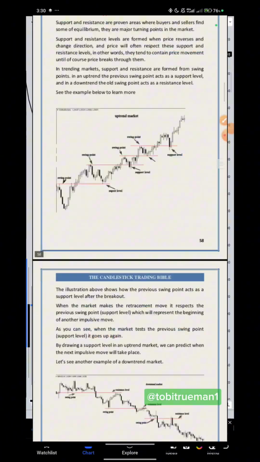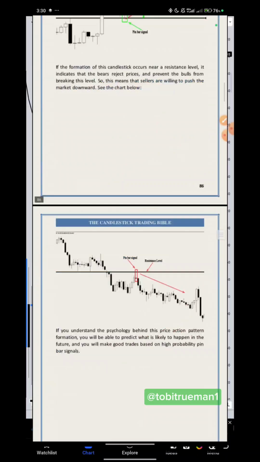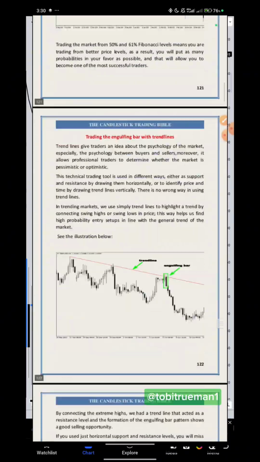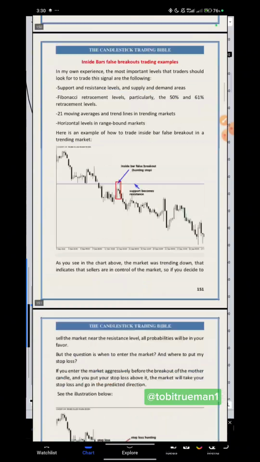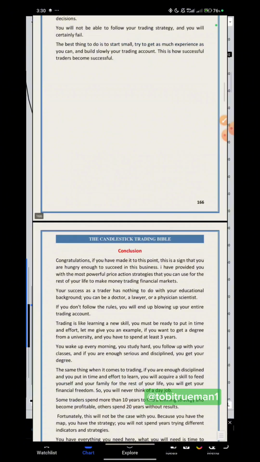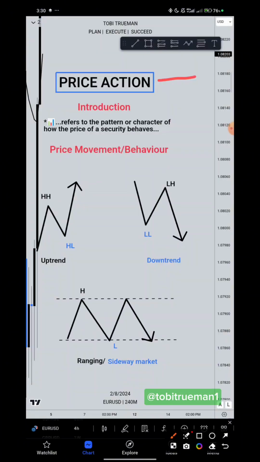Go through the PDF, make sure you read it. After reading it, what I'm trying to do here is give you a summary and a better understanding of it, with simple concepts you can follow to make money with it, based on my own experience.